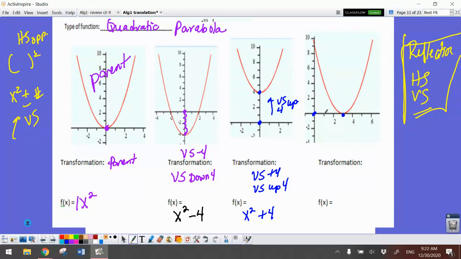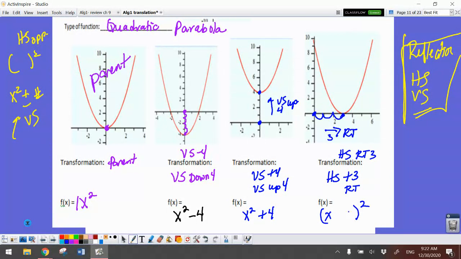Now the next one, here's (0, 0). It moved to the right 1, 2, 3 spots, so that is a horizontal shift of positive 3, or HS right 3. How do I write that? Is it x squared plus something? No, this one is the one in the parentheses.